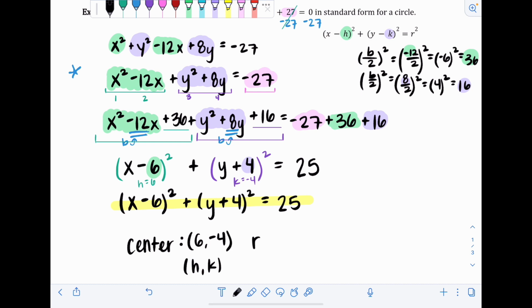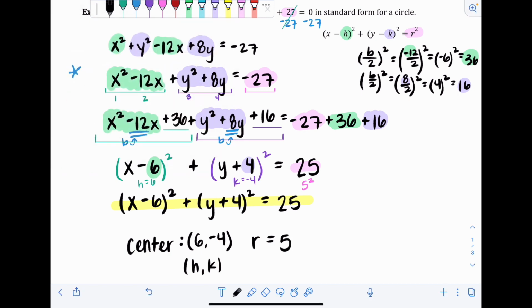And then for our radius, remember that this value is not our radius, it's r squared. So if this is r squared, I can think of it as 5 squared. So that would mean that the radius is 5. Okay, so that number at the end, that 25, is not the radius, it's the radius being squared. Sorry, okay, so the radius is 5.